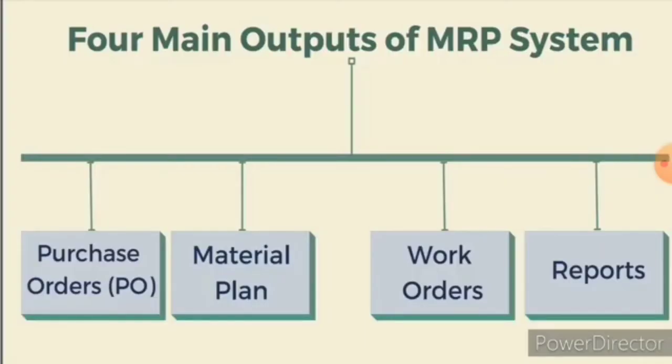And then let's proceed to the 4 main outputs of MRP system: the purchase orders, the material plan, the work orders, and the reports. The purchase orders, in this one, ang diri na state kung pila ang atuang i-order sa atong suppliers. For example, nag-order ang atuang customer og 50 units of skateboard.